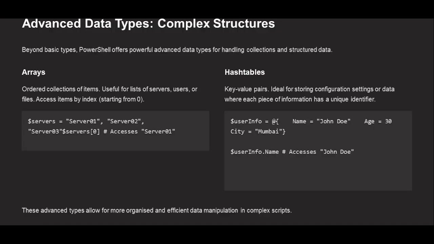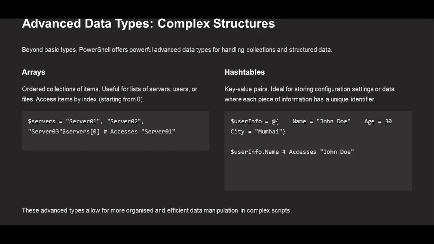Whenever I want to access those strings, I can simply use $servers[0]. It will give me the first value of that list.